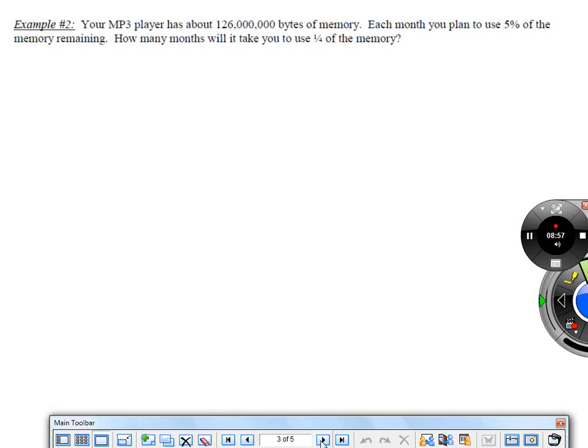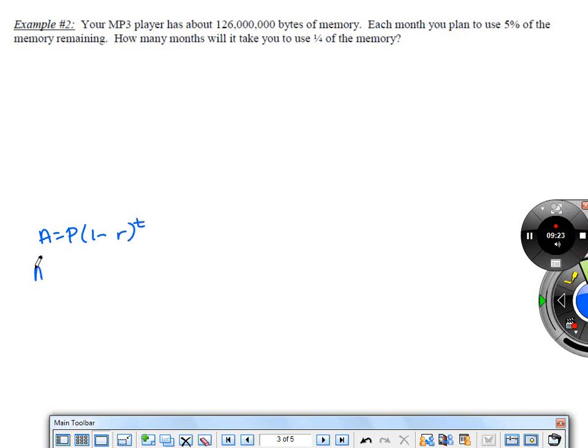So notice that you are using up the memory, so the amount of memory is going to decrease by 5% each month. So using the formula that we had talked about before, given that it's decreasing at a constant rate, we would look at this, okay?